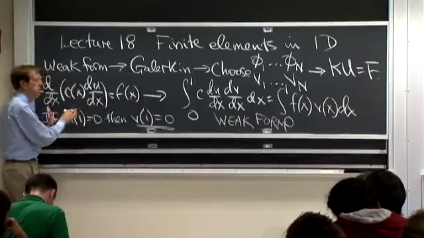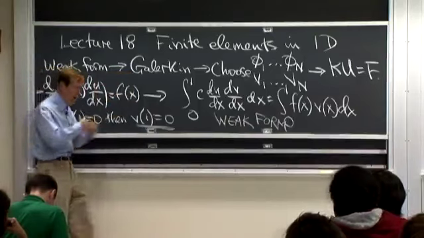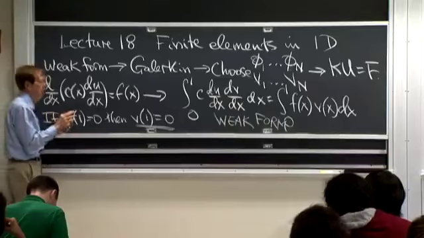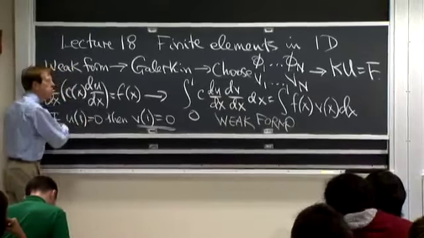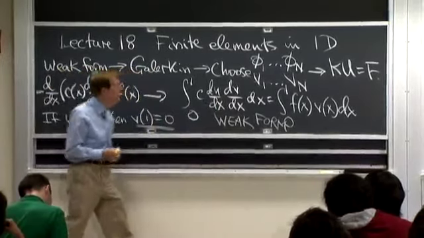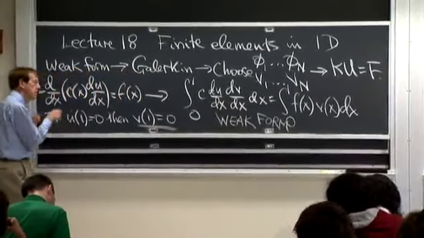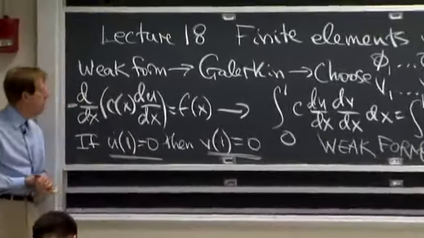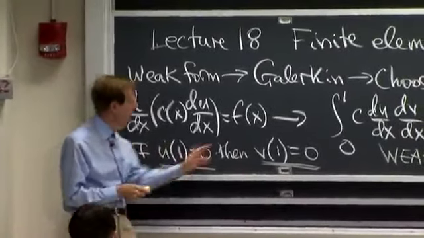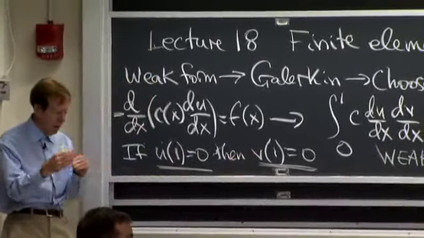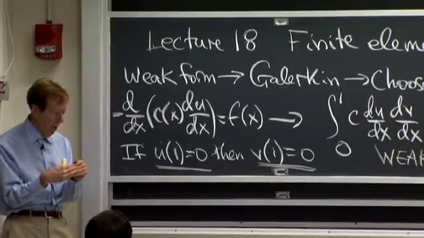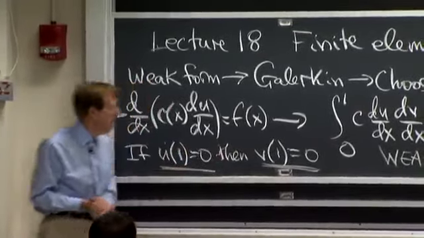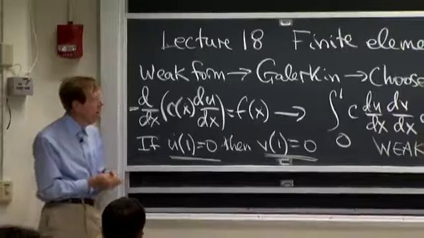The free ones don't appear in the weak form, but by the magic of integration by parts, the free ones will come out in a natural way. But we have to build in the essential Dirichlet boundary conditions like that fixed right-hand end. Because I think of v as a little movement away from u, but my u's are all fixed at the end, therefore v has to be fixed too, right?